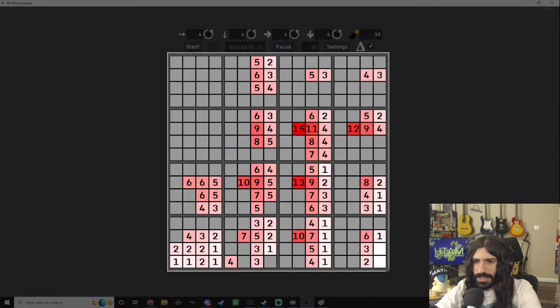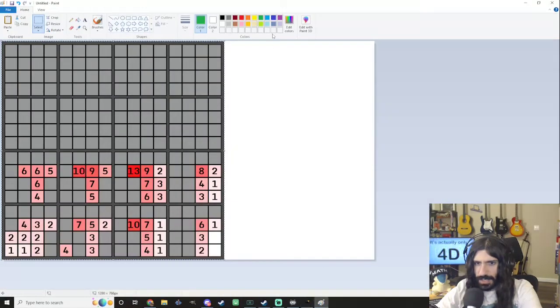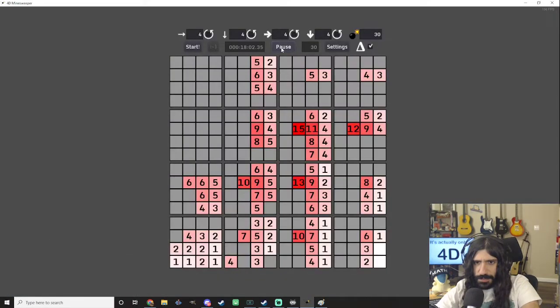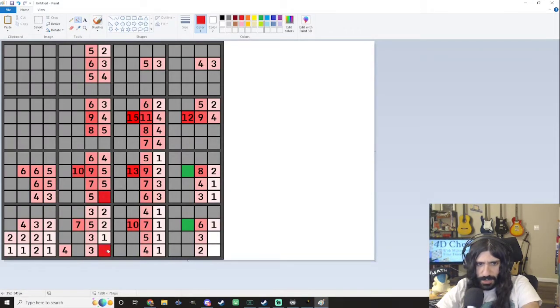Yeah, let's mark the locations where we are most confident that there are mines. Okay, so there's a mine either here or here. There's a mine either... where was this? There's a mine either here or here.